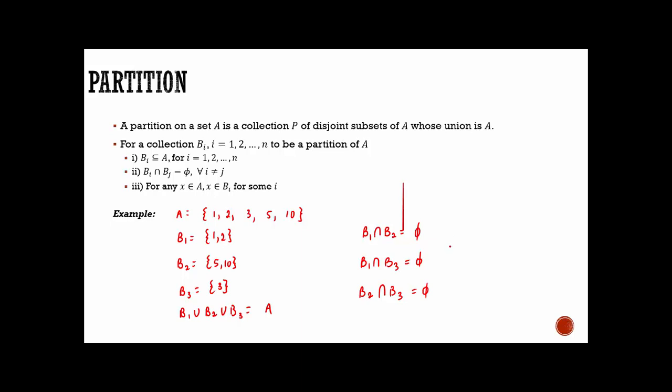So, therefore, B1, B2, and B3 are partitions of A. So in systems engineering, we deal with partitions as part of our description of the requirements and also as part of the description of the functions for our system.